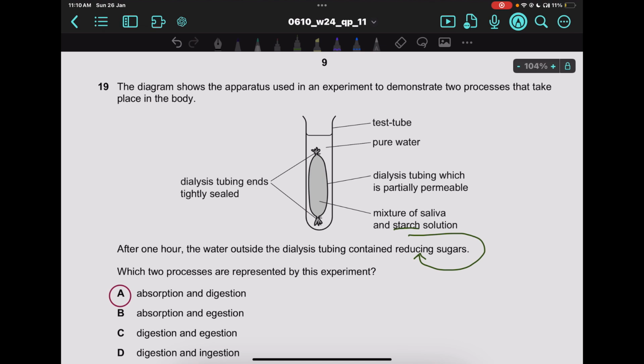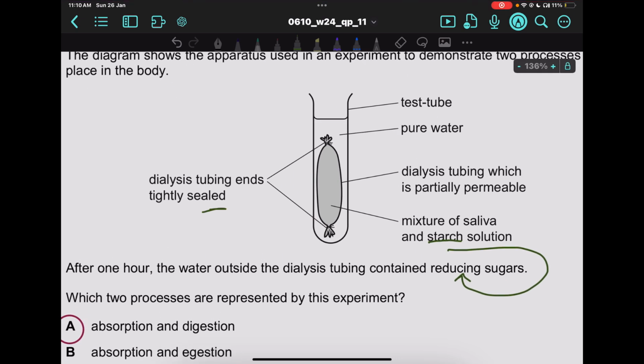19. The diagram shows apparatus used in an experiment to demonstrate the two processes that take place in the body. There is dialysis tubing, which is tightly sealed, and it is partially permeable, which means that the molecules inside will be able to go out into the water surrounding the dialysis tubing easily. And there is a mixture of saliva and starch.